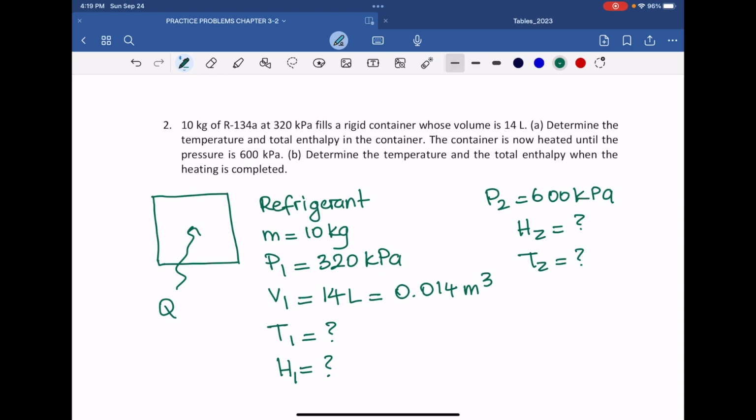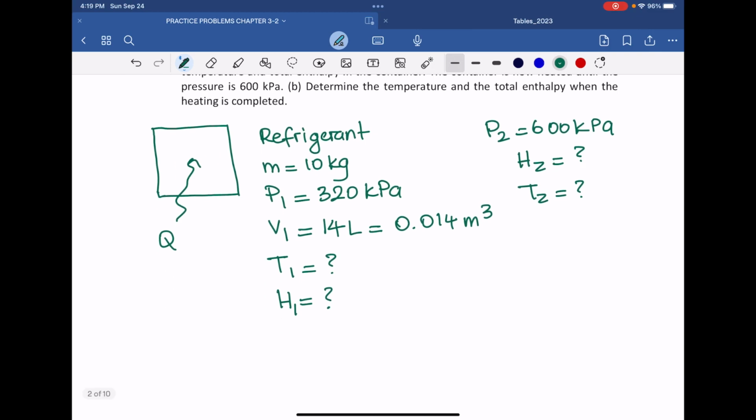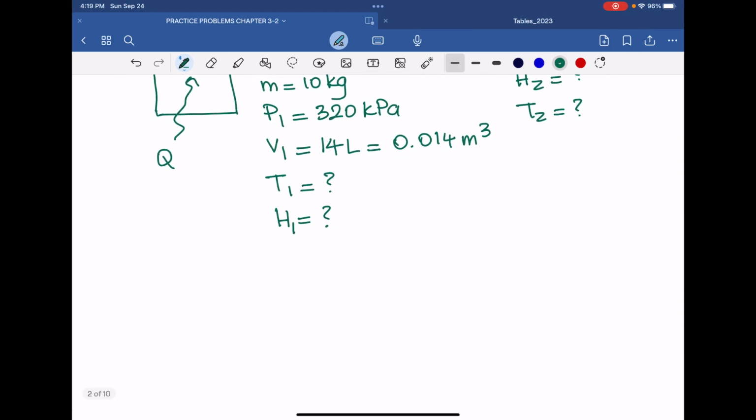Since they're asking enthalpy and temperature, these can only be found by looking at the tables, because they're asking for properties of our system, and we can look at the right tables from what is given to us. Let's analyze what is given at the first state. At the first state, they give us pressure, but we need one more intensive property to be able to look at the tables.